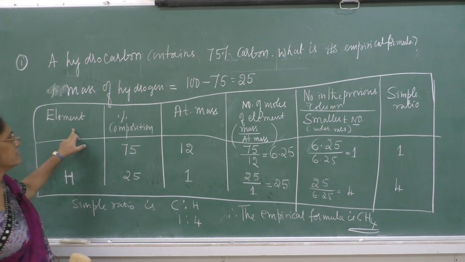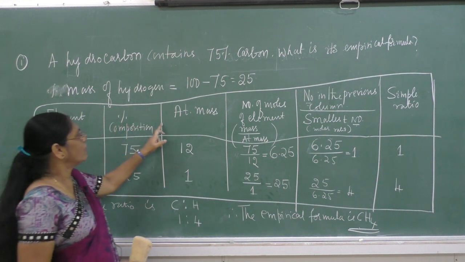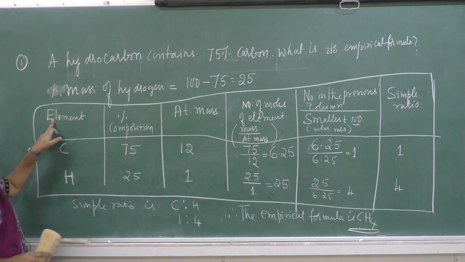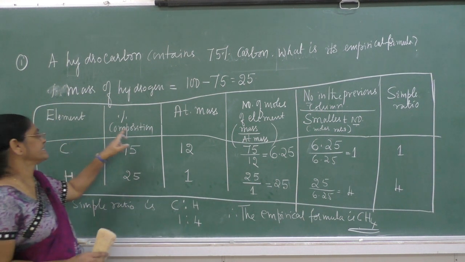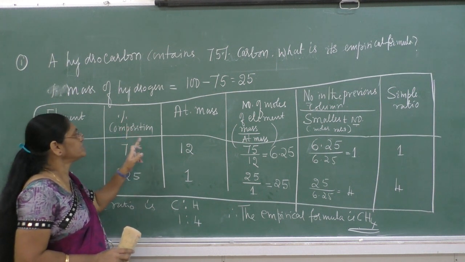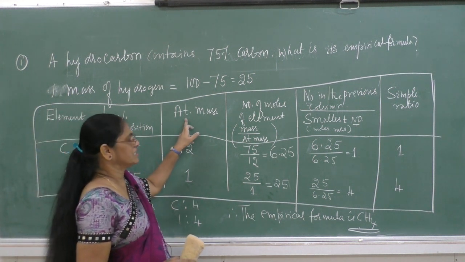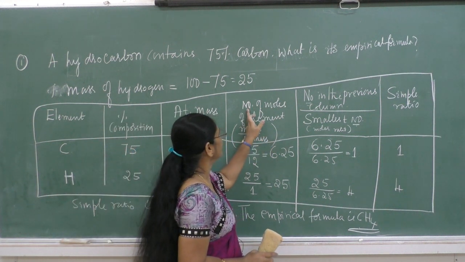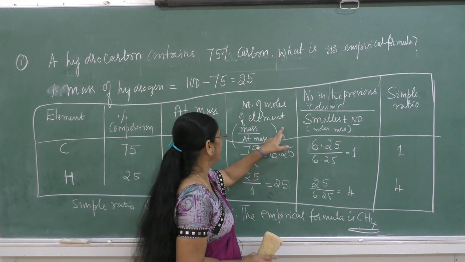Note the contents of the columns: the first column heading is element, the second column percentage composition, the third column atomic mass, the fourth column number of moles of an element.